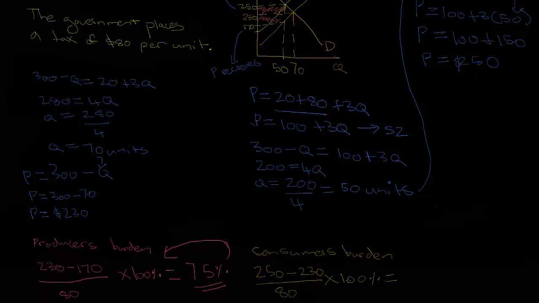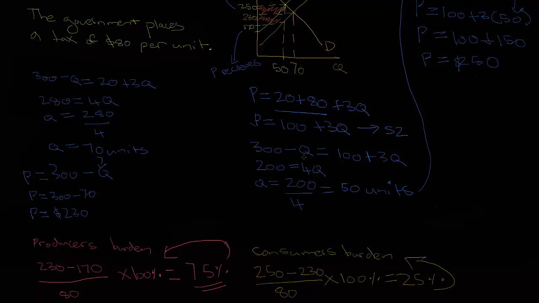So let's see if we're right. 250 minus 230 over 80 times 100% is in fact 25%. So we know our calculations came out right, and that's the consumer's burden.